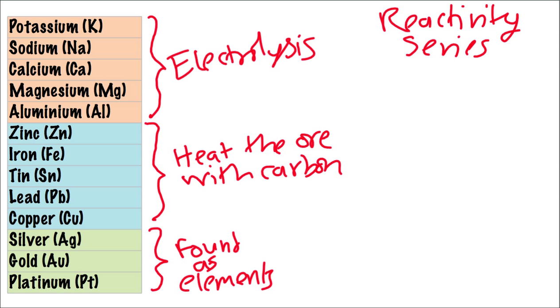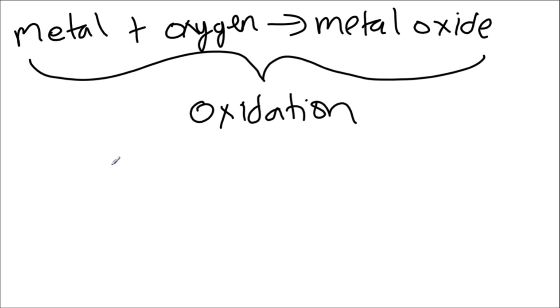So if we go back to our reactivity series, those ones at the top are more likely to corrode and produce their oxide. Now aluminium oxide, on the other hand, is actually a very special thing. It has a protective layer.